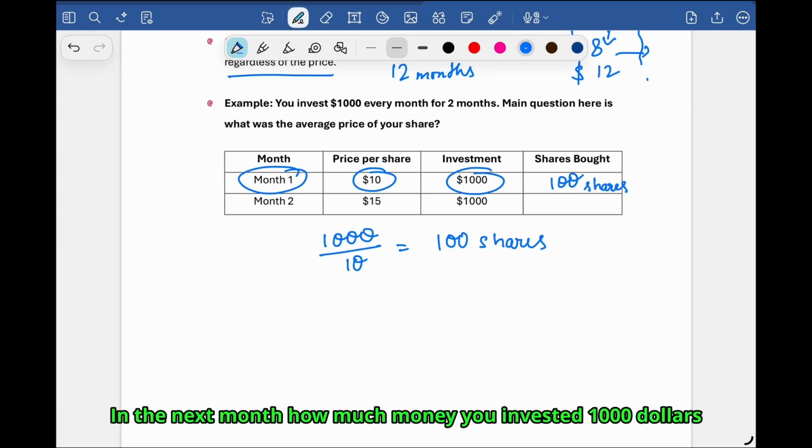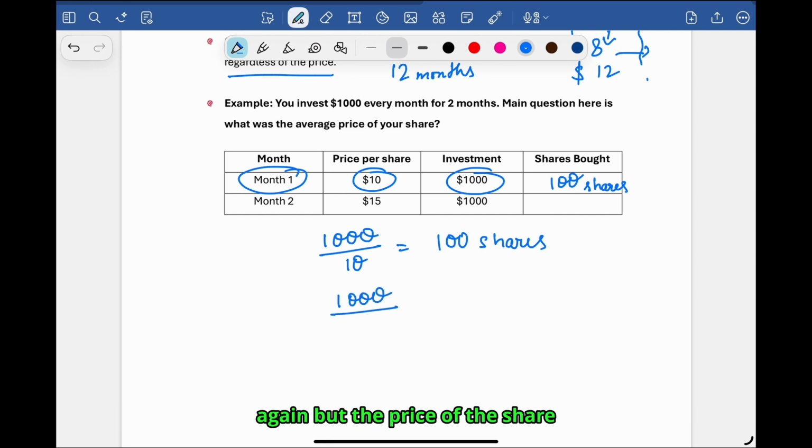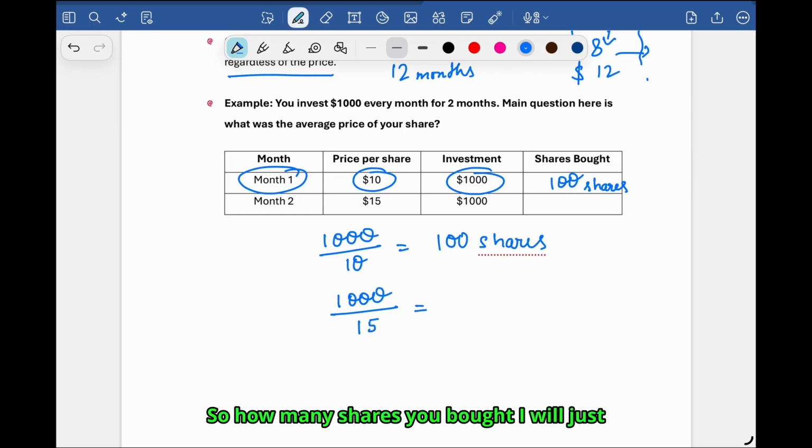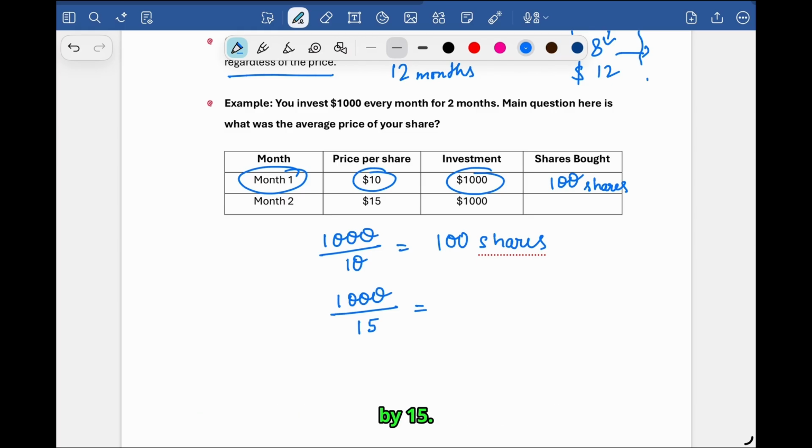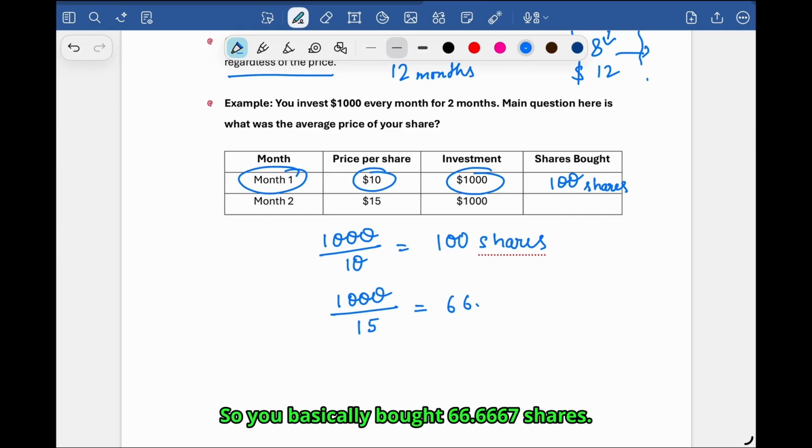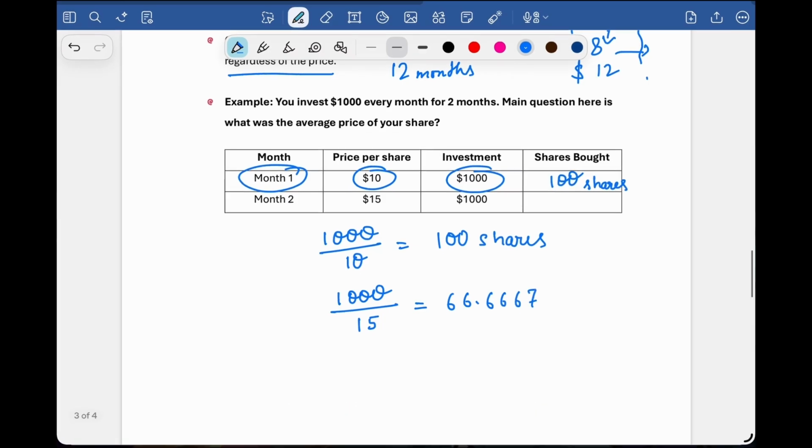In the next month, how much money did you invest? $1,000 again. But the price per share was 15. So how many shares did you buy? I'll just do the calculation on my calculator. 1,000 divided by 15. So you bought 66.6667 shares.